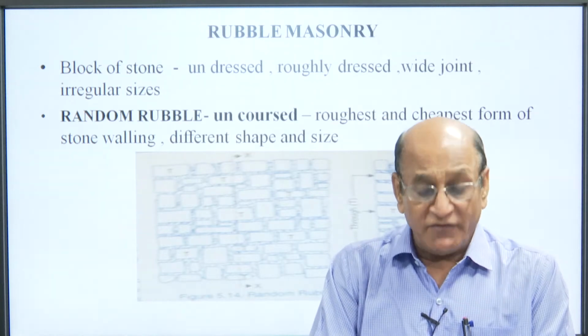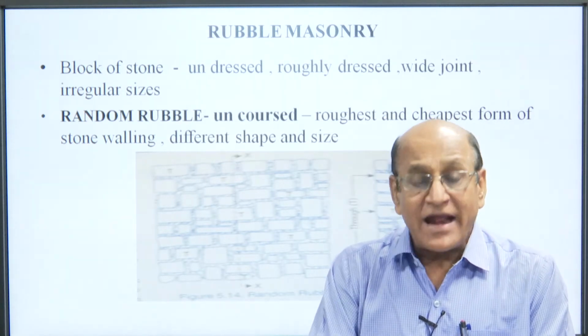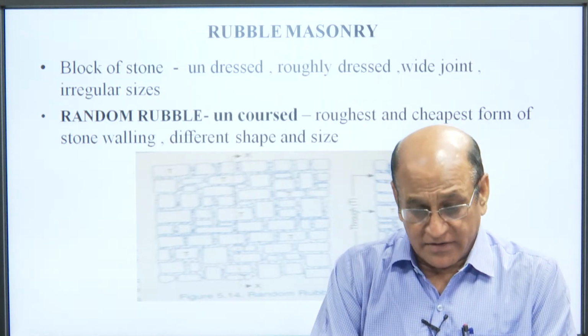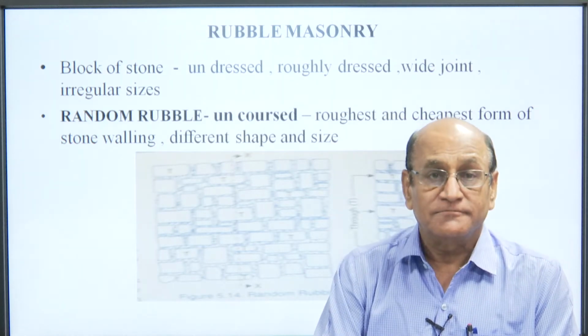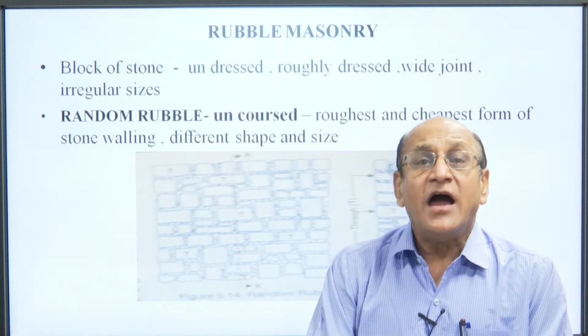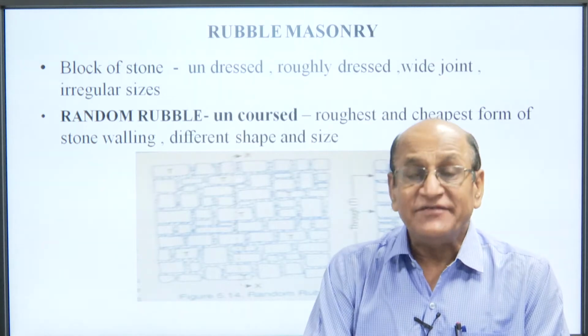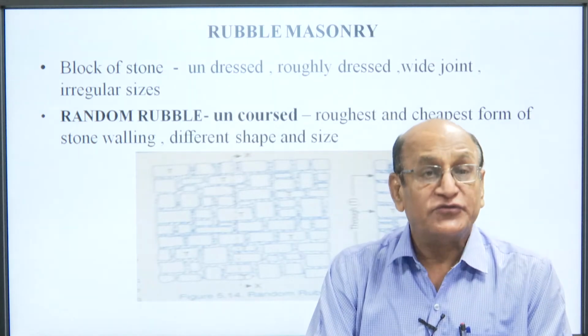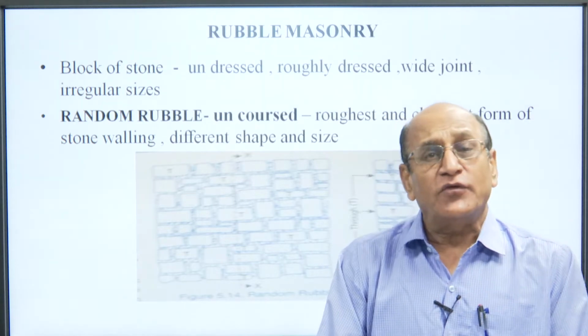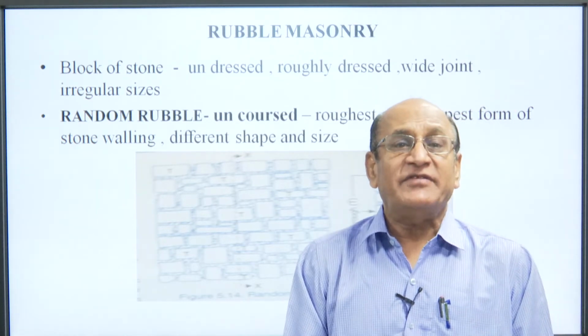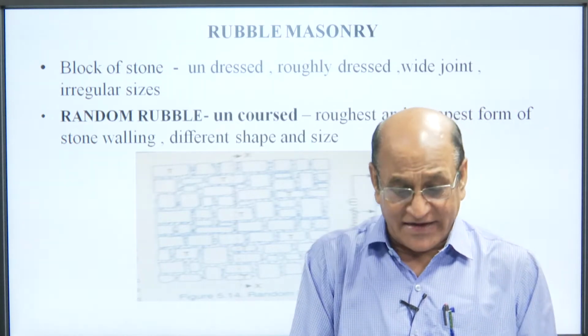The first that we have discussed is random rubble, of which the first type is uncoursed. It is the roughest and cheapest form of stone walling. Each stone has a different shape, size and height.